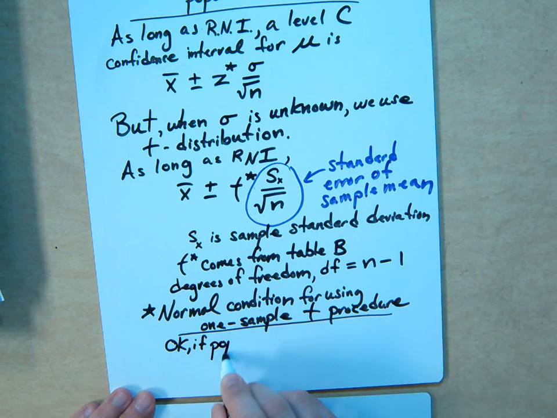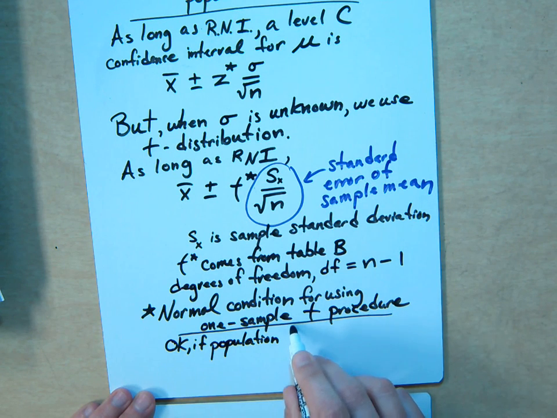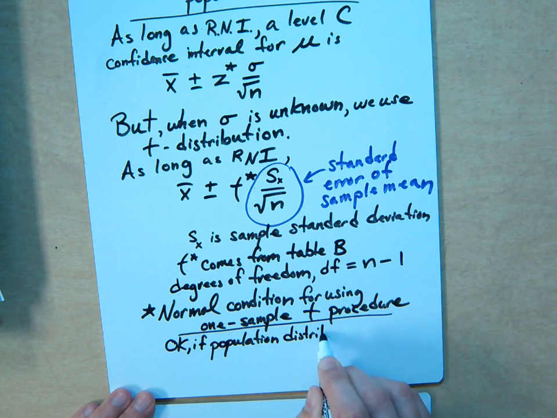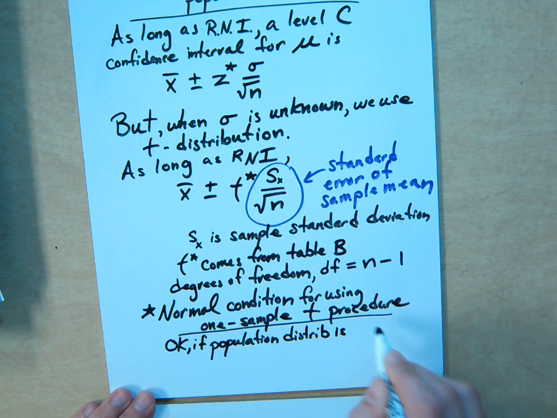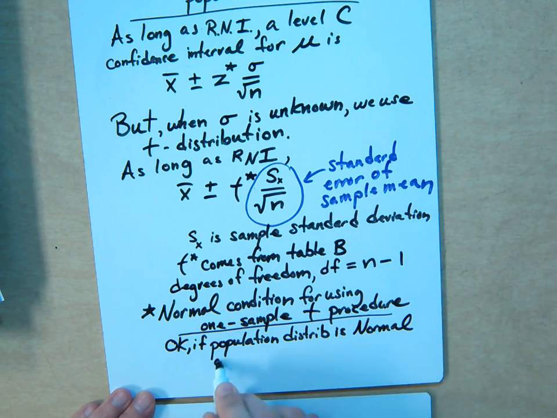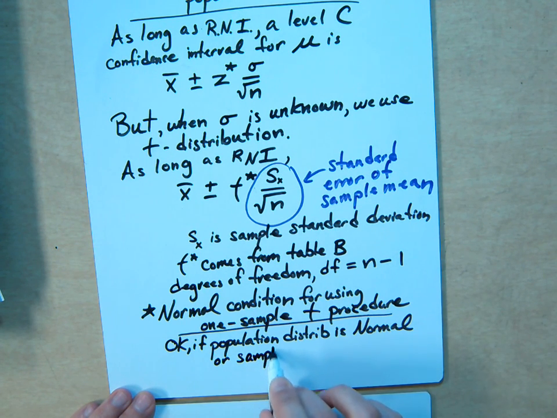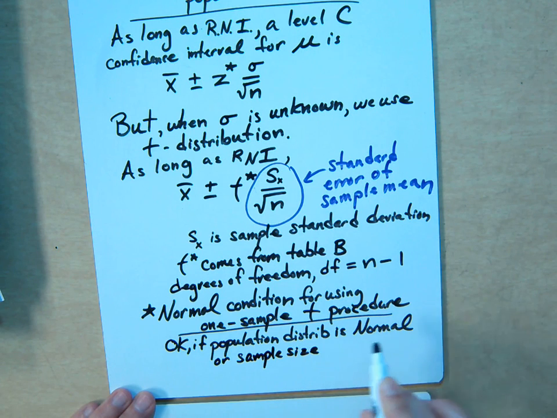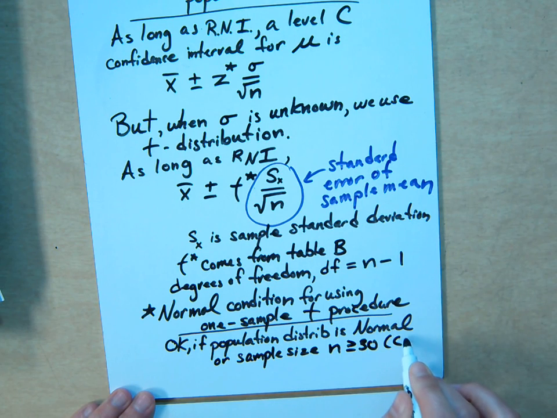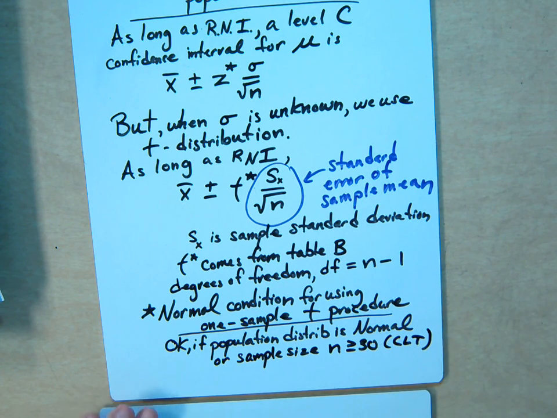Or, and you're familiar with this too, because of the central limit theorem, which just works for means, by the way, not for proportions, if the sample size n is greater than or equal to 30, you're fine. You can use this procedure.